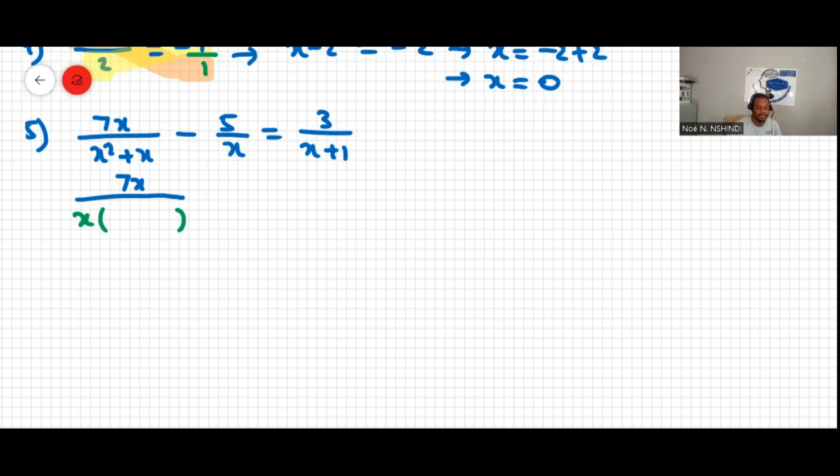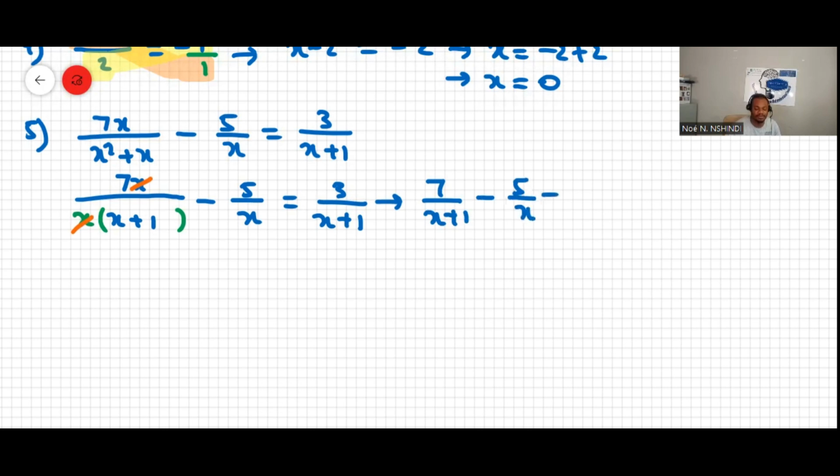There is 7x, and then that's going to be like x plus 1, then minus 5 over x equal to 3 over x plus 1. Now we can simplify x here and then x, and then this will be 7 over x plus 1 minus 5 over x equal to 3 over x plus 1.